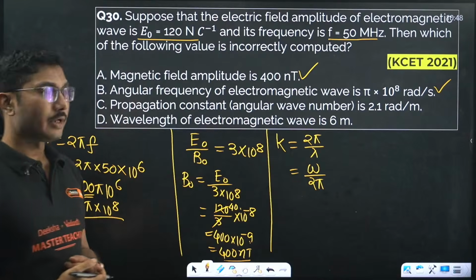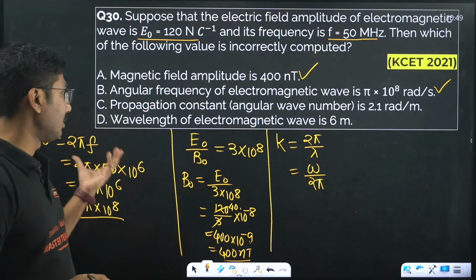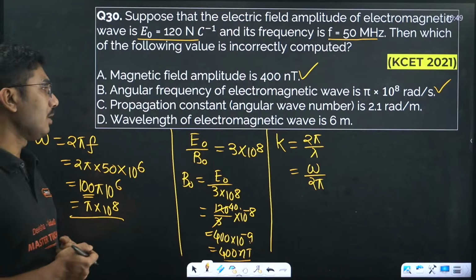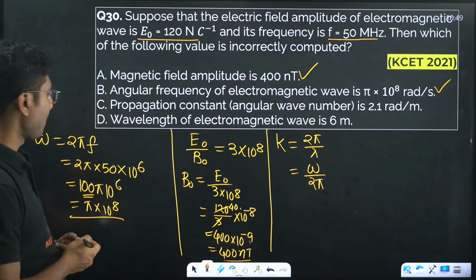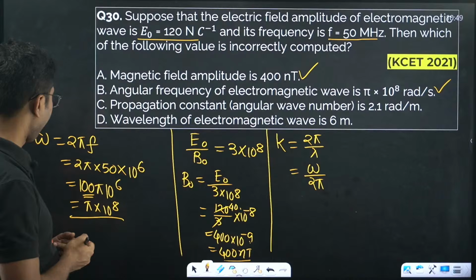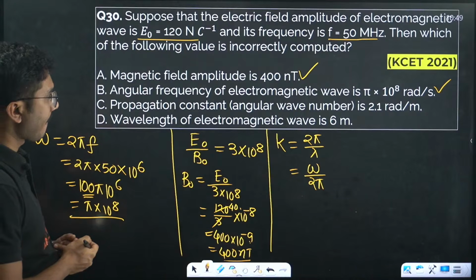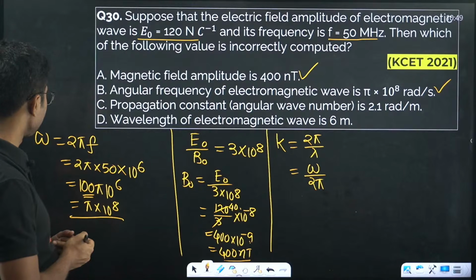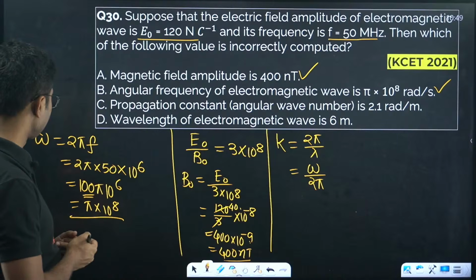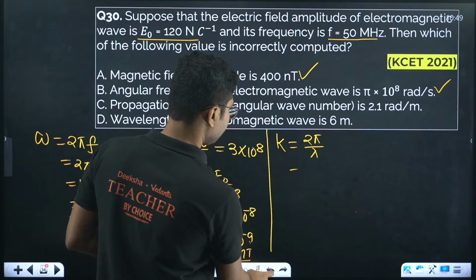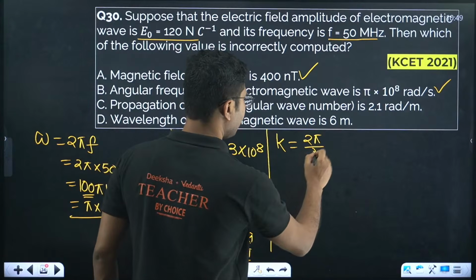Angular wave number or propagation constant is given by omega by 2 pi, right? I think this is not correct. Okay, let's come back to this a little bit later.